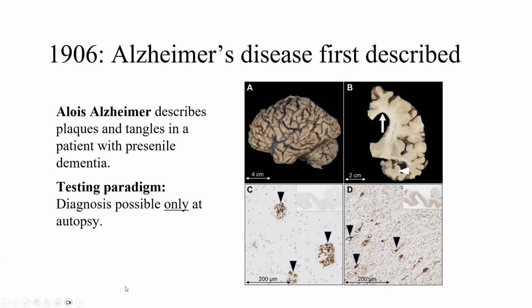One important point was that diagnosis was only possible at autopsy to be completely sure. Obviously, they had some ideas and thoughts between 1906 and the next time point. That's exactly what we needed, the biopsy itself.